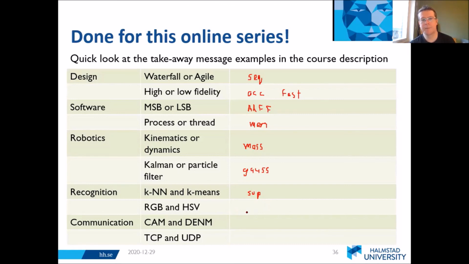RGB, HSV. So these are color spaces. HSV is good for color picking. RGB is a standard for additive color. And so if you have like 3 LEDs, red, green, and blue, you can create white. CAM and DENM, these are communication messages. Cooperative awareness message and decentralized environmental message.